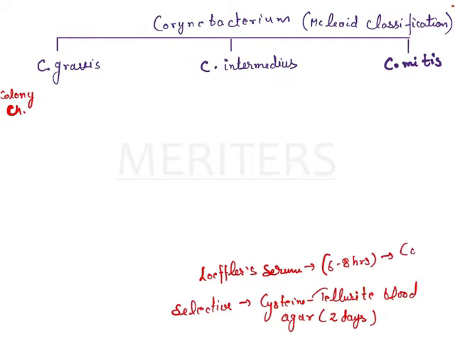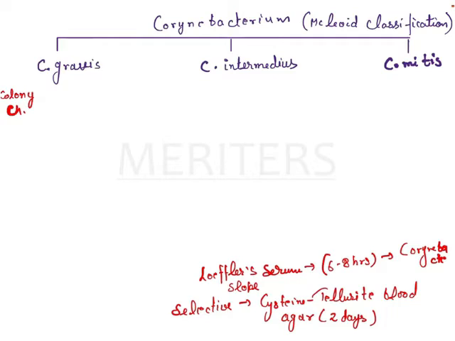At the same time, Loeffler's serum slope is also used for growth of Mycobacterium tuberculosis, right? So these are certain important facts which are asked in exams. So let's start with the colony characteristics.